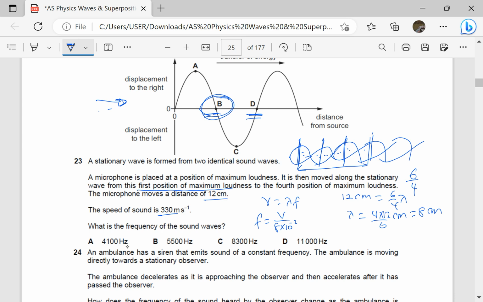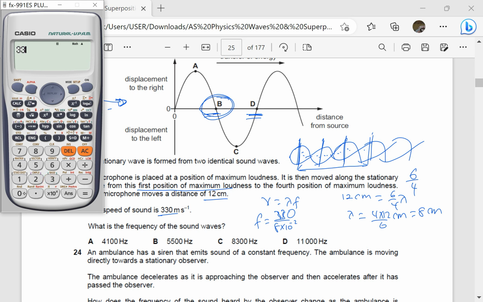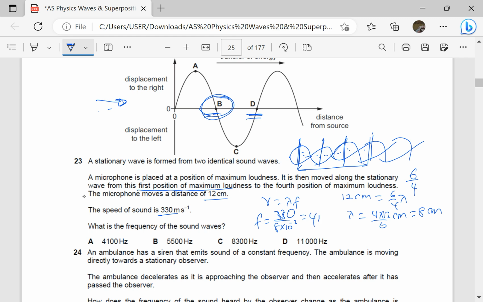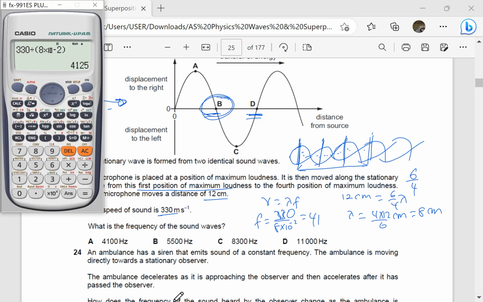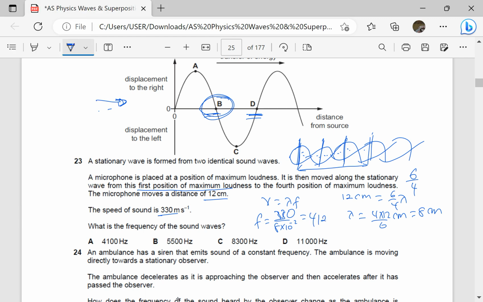And V, remember, is 330. 330 divided by 8 times 10 power negative 2. So we are getting an answer of 4125, which is approximately 4100. So our answer is going to be A.